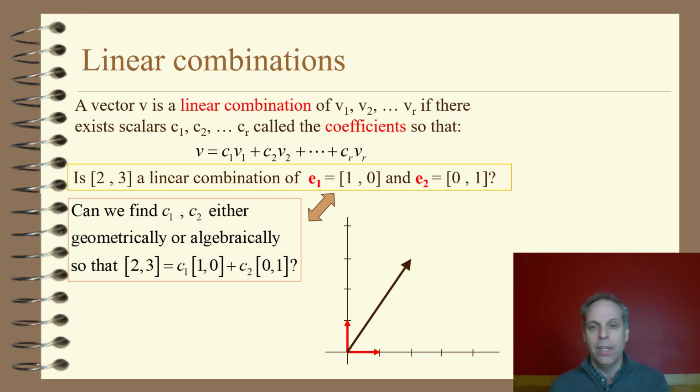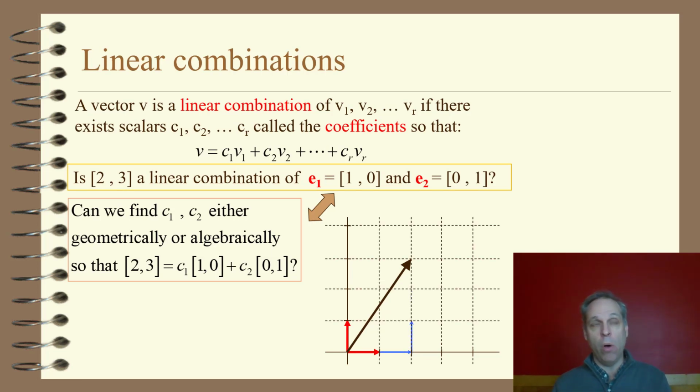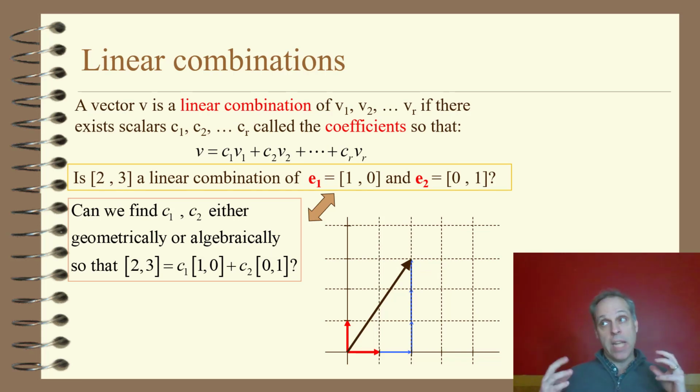So let's go draw them. 2 times 1, 0 involves looking at a coordinate grid where e1 and e2 define the x and y axis and define the rest of the grid. e1 is the horizontal vector, so 2 times e1 is the blue vector going this way. 3 times e2 is the blue vector going that way. Then 2 times e1 plus 3 times e2, when you put those vectors tail to head, you get the vector 2, 3.